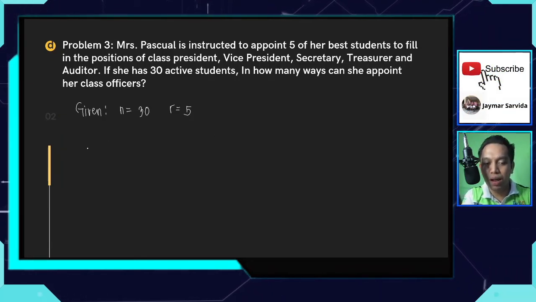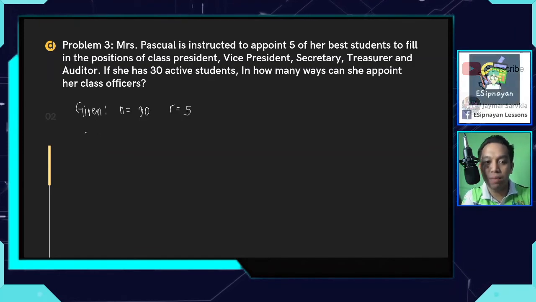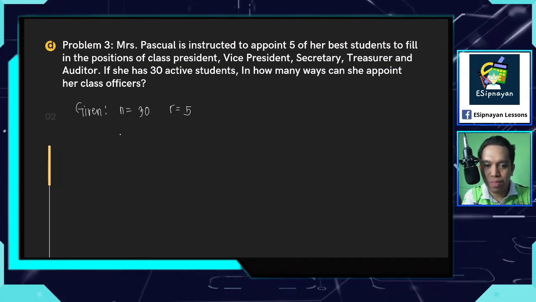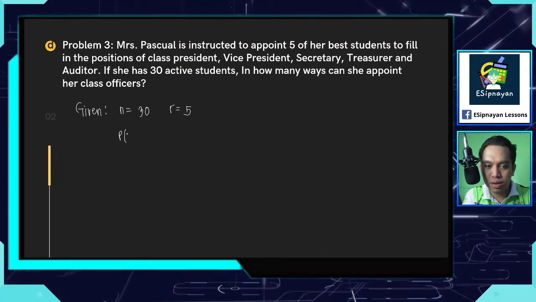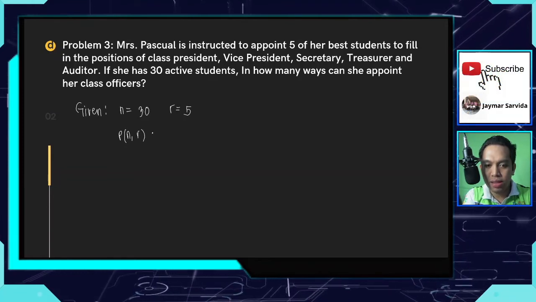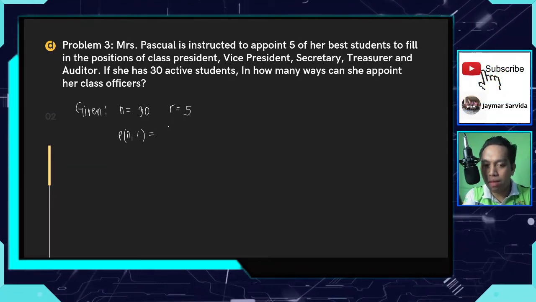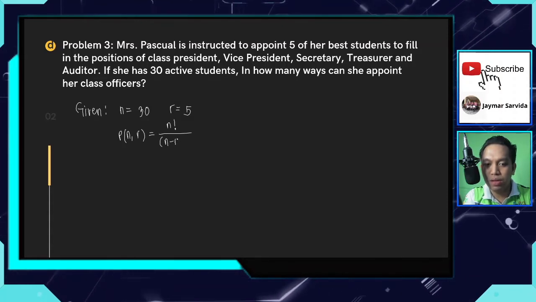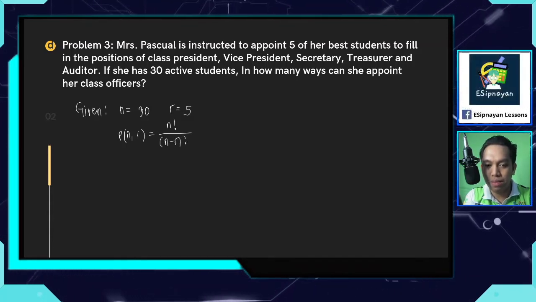Now, ano yung formula na ating gagamitin? Yung formula ng permutation, which is permutations of n objects taken r at a time equals n factorial over quantity of n minus r factorial.